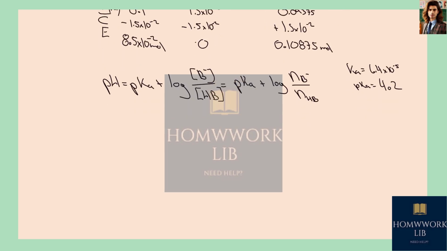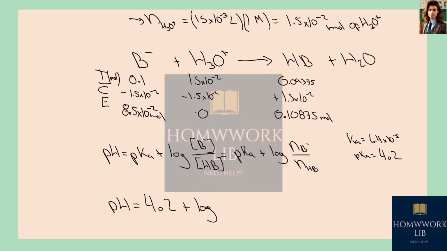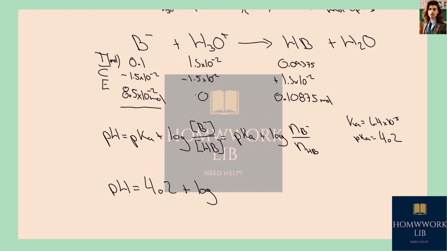Thus, our equation now becomes pH is equal to pKa 4.2 plus logarithm of the amount of mole of B minus, 8.5 times 10 to the minus 2 mole, divided by the amount of mole of HB. The final result is 4.093.